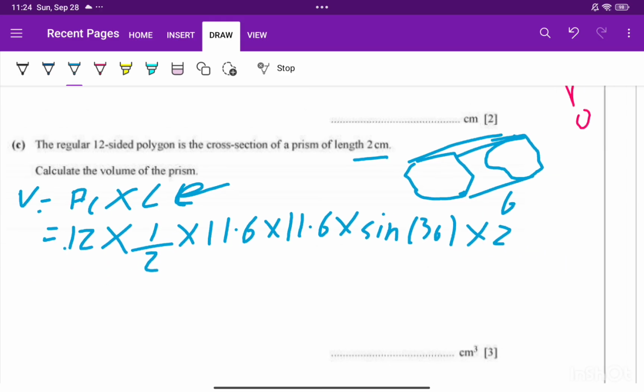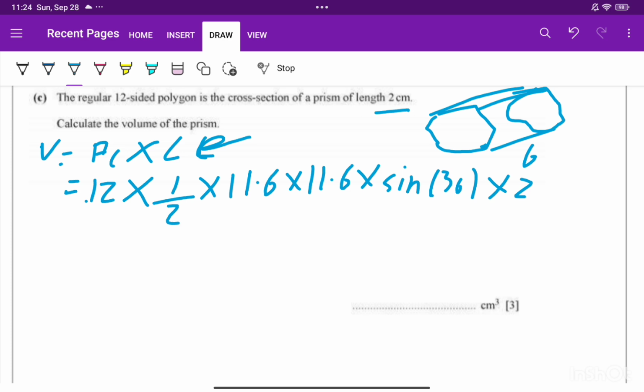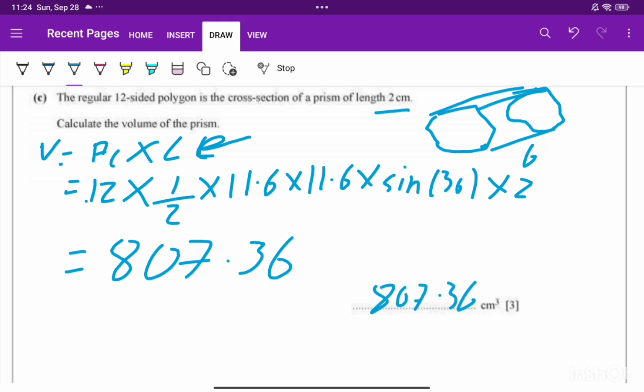Let's do this in the calculator. Our answer is 807.36.